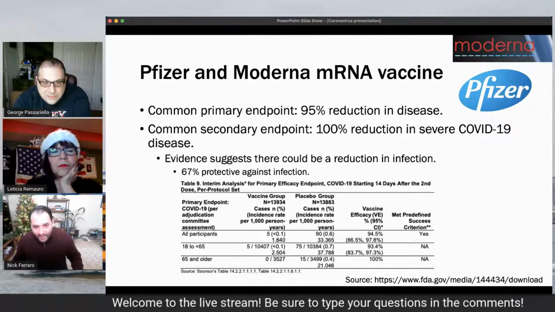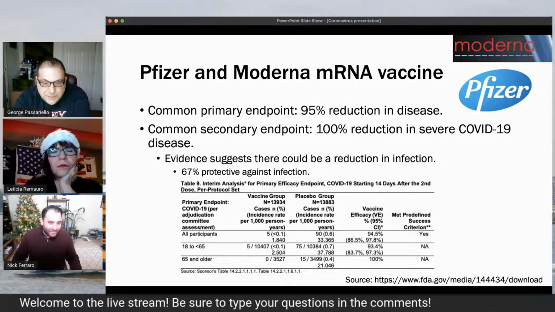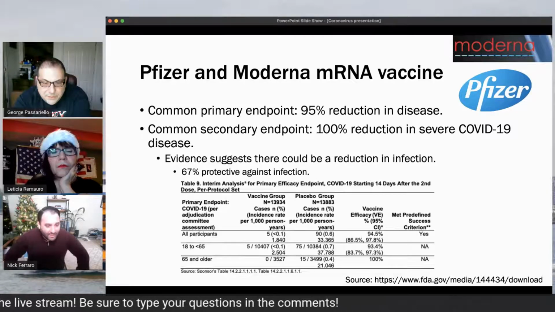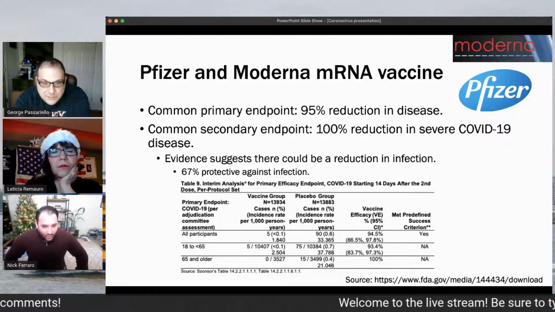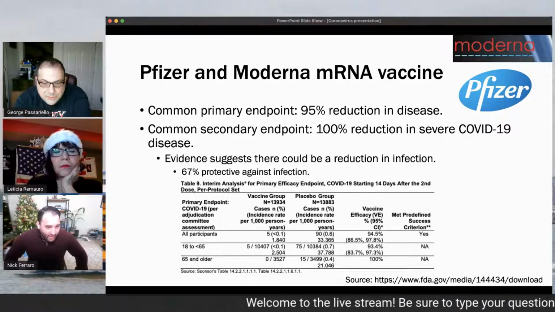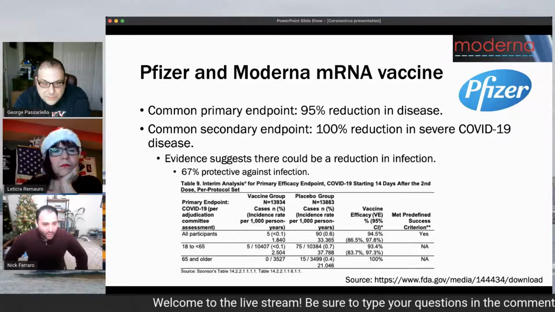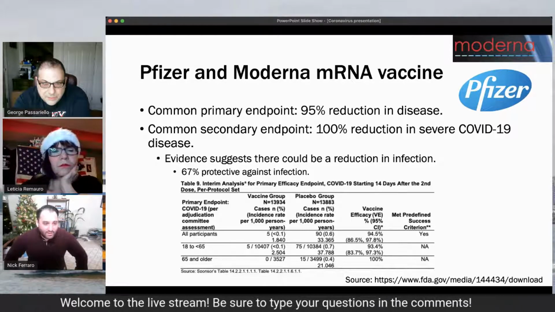So what these vaccine trials showed was that there was a 95% reduction in disease. That's the primary endpoint. The secondary endpoint was 100% reduction in severe COVID-19 disease.